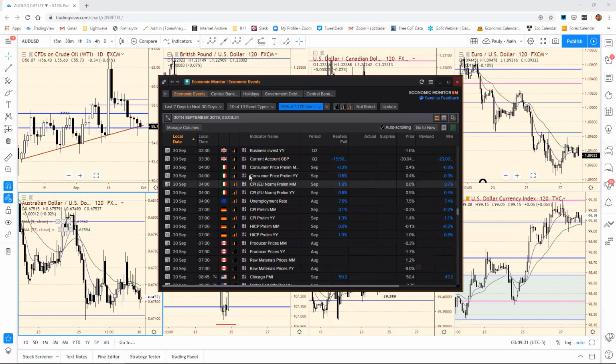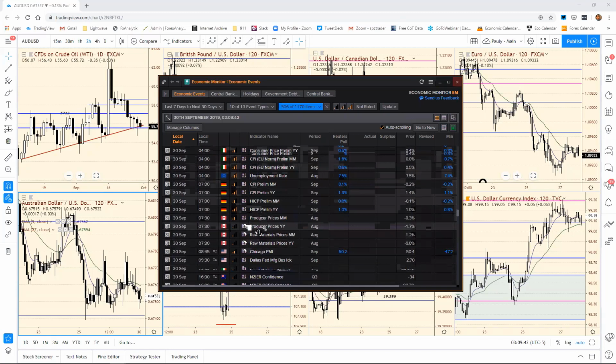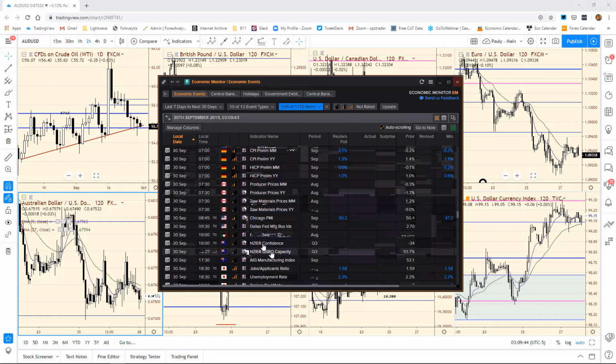I'm in Texas, so these are listed under Central Standard Time. And then we do have a German CPI at 8 a.m. Eastern, with Canadian producer prices at 8:30 Eastern, and the Chicago PMI, which as a nickname is referred to as the Chicago PMI.